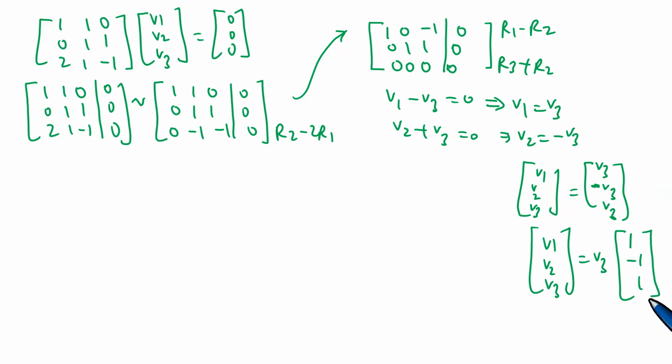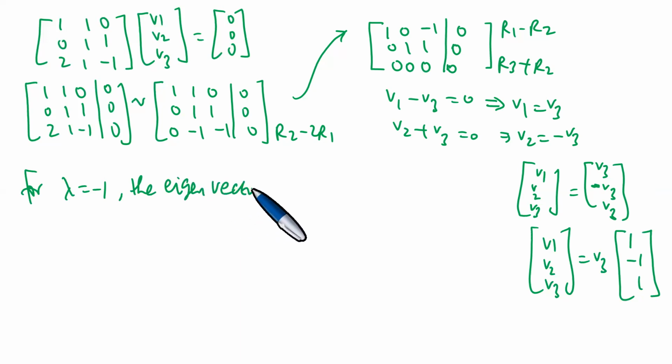And then the eigenvector for lambda equals minus 1 is 1, minus 1, 1.